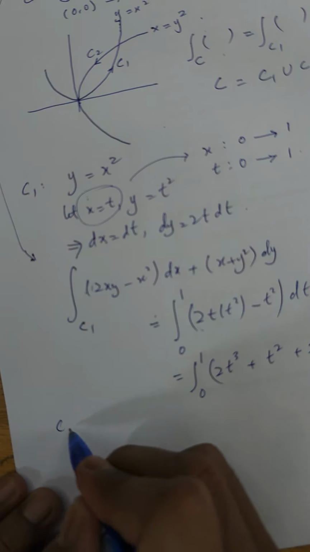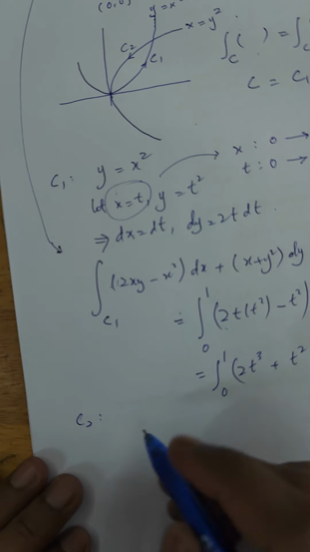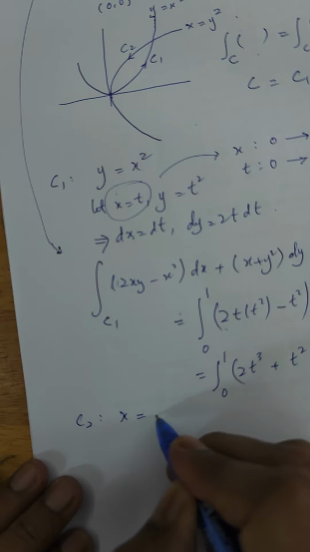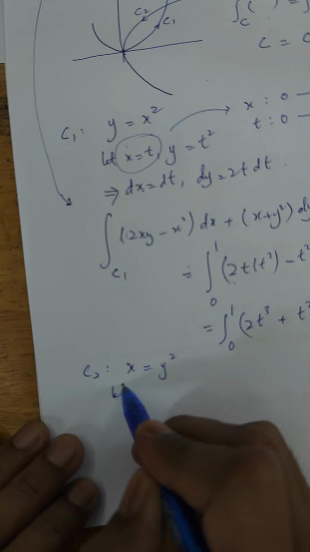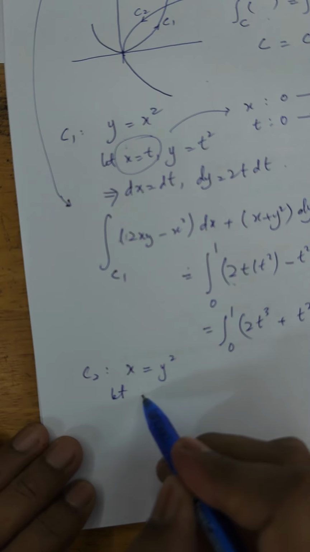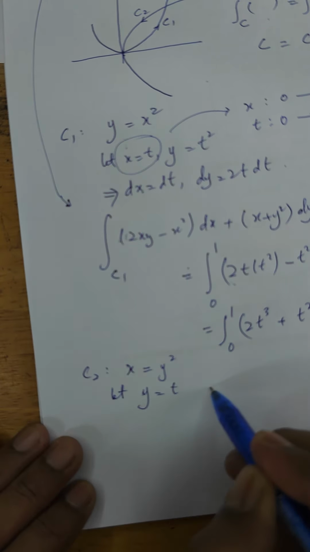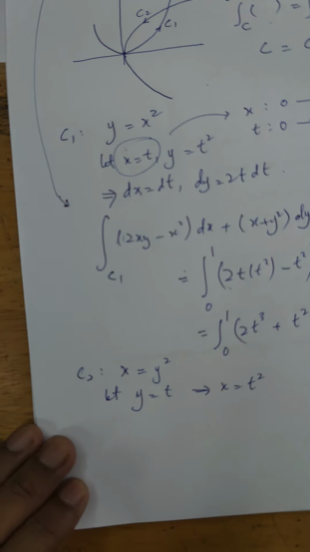For C2, what we have is x equal to y squared. Now in this case, we let y equal to t, not x but y. y equal to t gives us x equal to t squared.